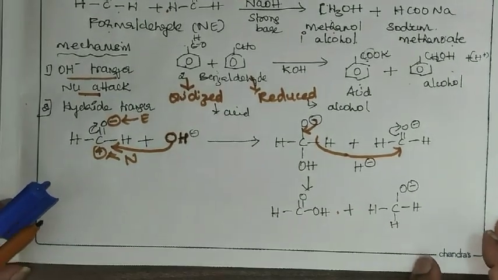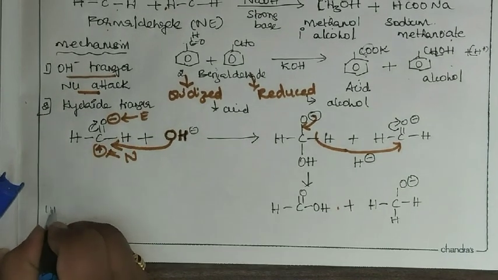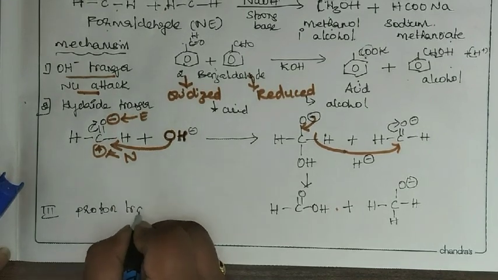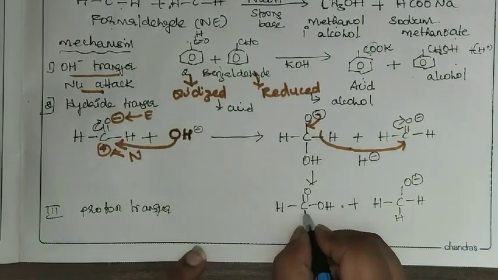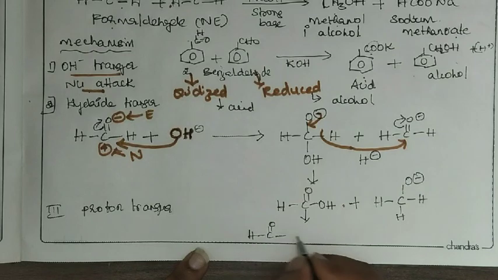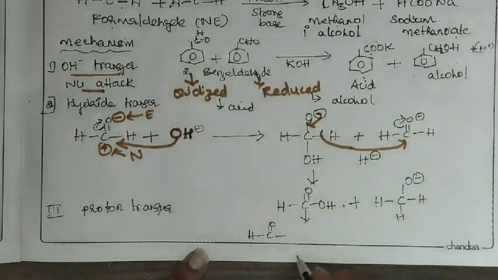Now this is the second step, and the third step is proton transfer. Where will the proton come? This acid will form a salt. Here we have used sodium hydroxide, so it will form the sodium salt.